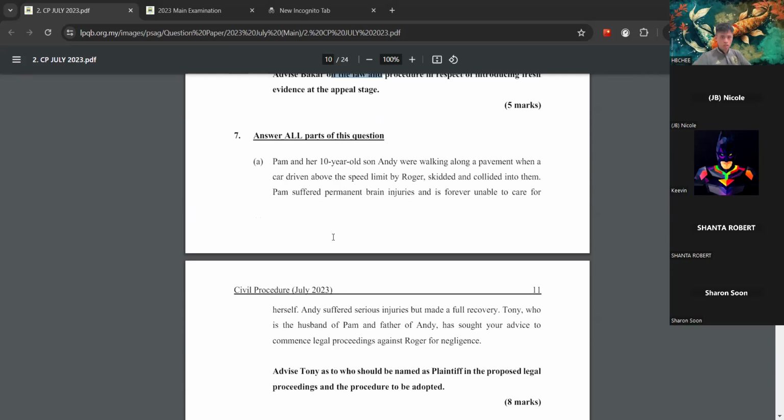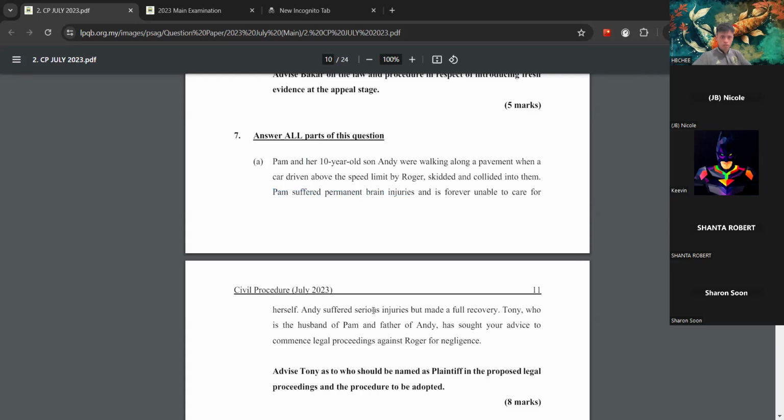Okay? Now we come to 7A. Pam and her 10-year-old son Andy were walking along a pavement, and the car driven above the speed limit by Roger skidded and collided into them. Pam suffered permanent brain injuries, forever unable to care for herself.